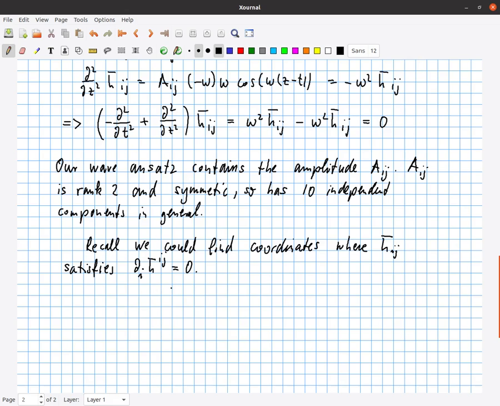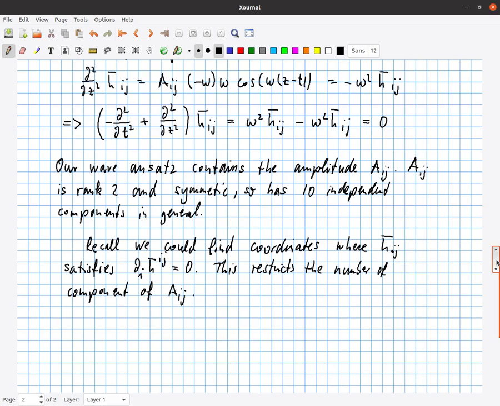And we showed we had the coordinate freedom to make this work. This, of course, restricts the number of components of A ij. So in general, we have 10, and then we subtract 4, which come from this condition, which means at most we will now have 6.